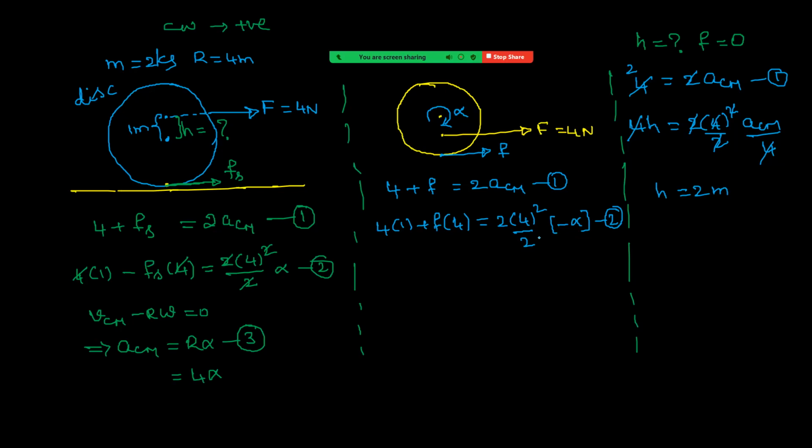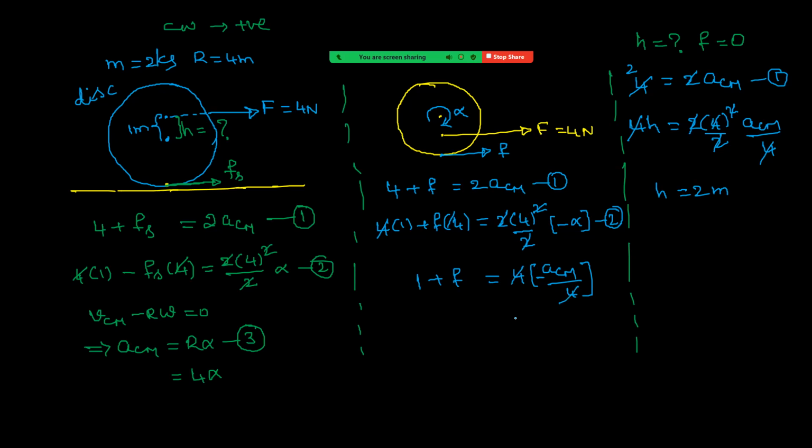Now see carefully the calculation part. 4 and 4 get cancelled, 2 and 2 cancelled. 1 plus F is equal to 4, here minus alpha in place of alpha. What do we have? R alpha equal to ACM, so alpha equals ACM by R, and this is minus, don't miss this one.